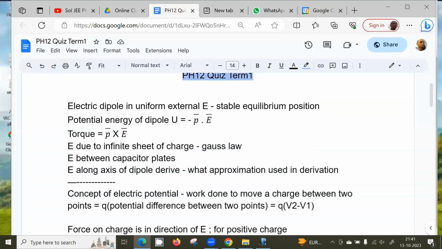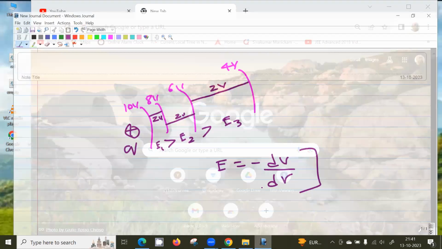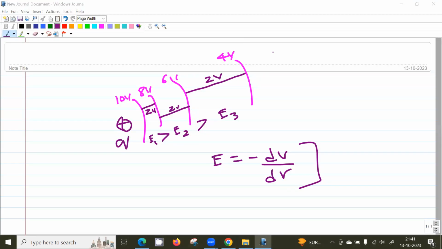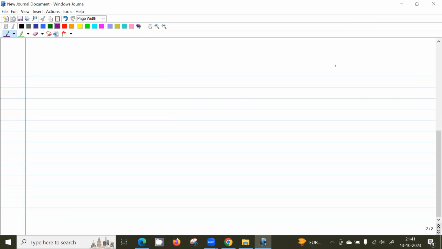So the place where the electric field is stronger, the equipotential surfaces are closer. Say another point on an equipotential is like this.